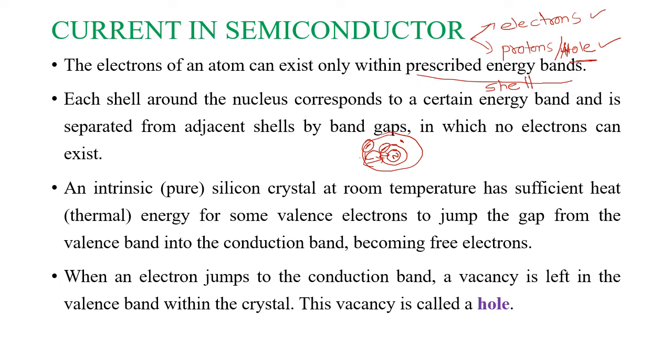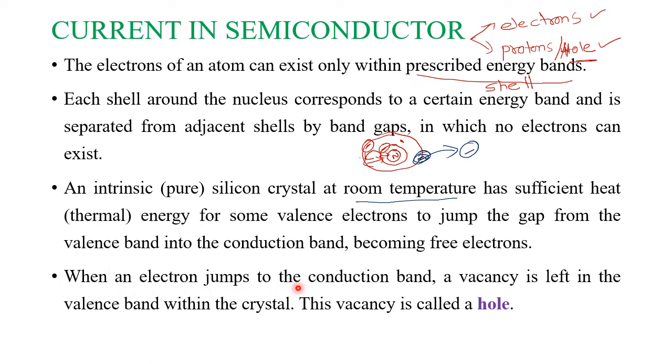So the statement is saying that at room temperature there is sufficient energy, and if there is a valence electron, the temperature excites this electron and it becomes free. That means the electron gains some energy from the room temperature and comes out of this atom, and it will be a free electron.